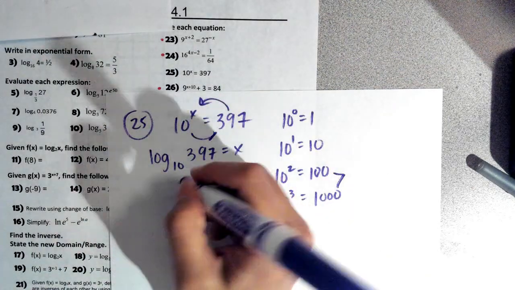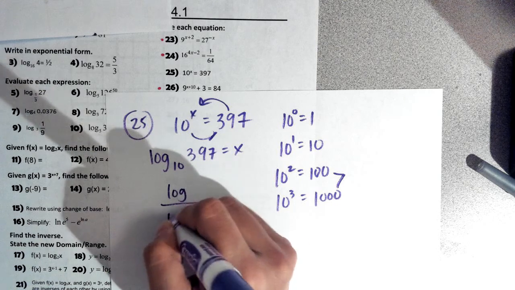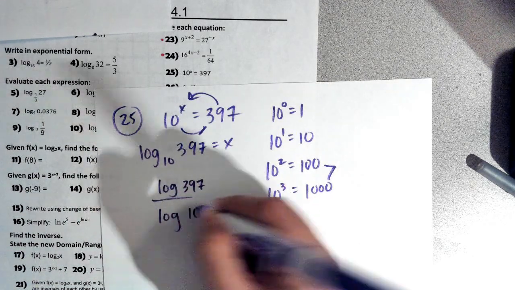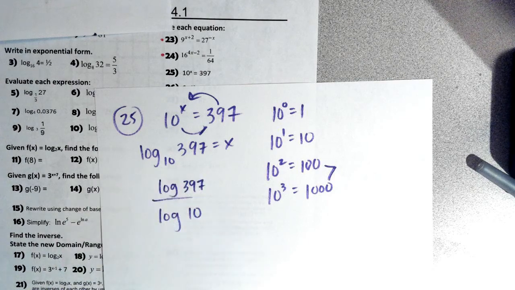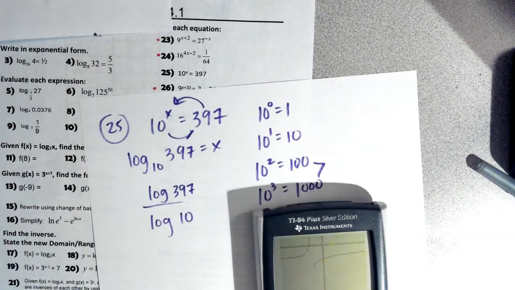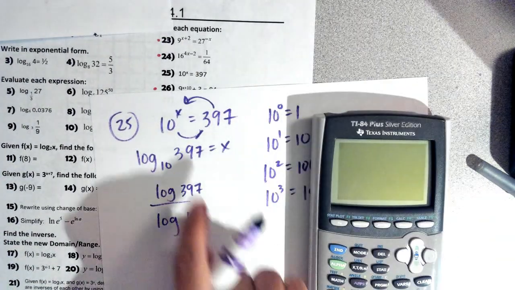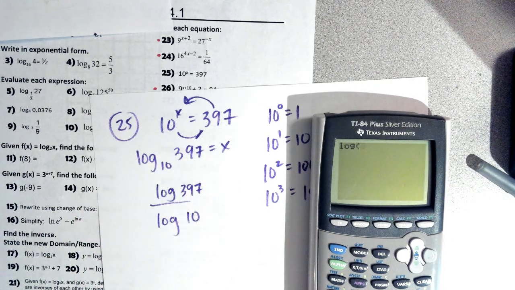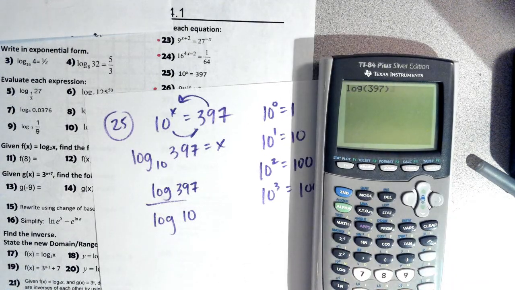And this is change of base. I'm going to write log on top, log on bottom: 397 on top, 10 on bottom. Now, I could have just plugged in log 397 in my calculator because this is already base 10 if you think about it, right? So log 397, and your calculator does log base 10.